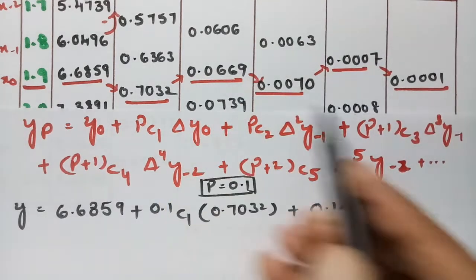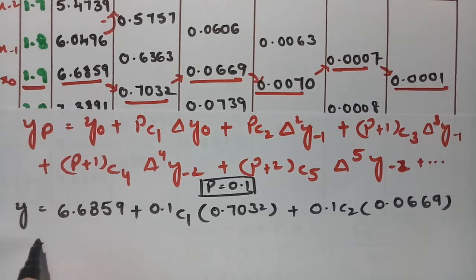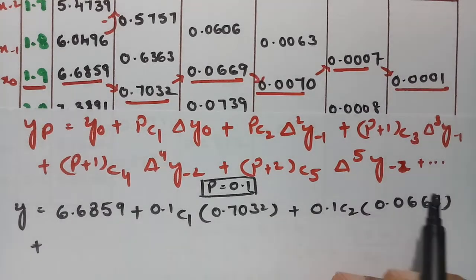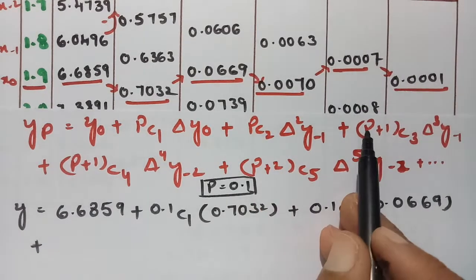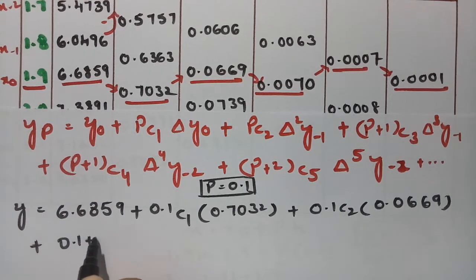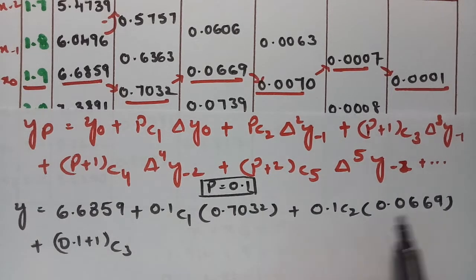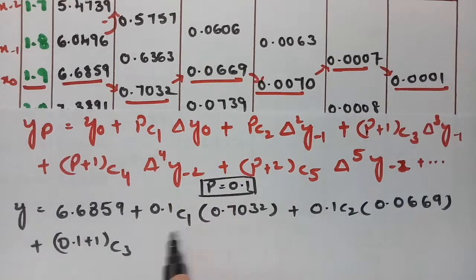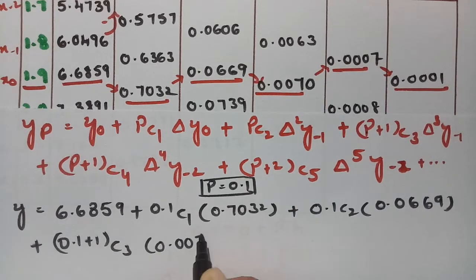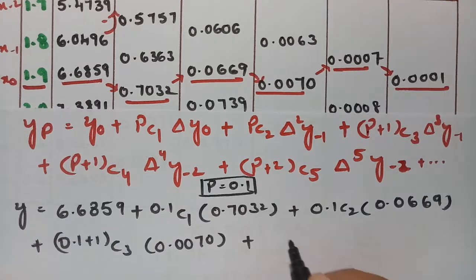The next value here is 0.0669, and after pC2 this is p plus 1. What is p here? That is 0.1 plus 1, C3, into delta cube. After using this value, I go with 0.0070, plus the next one, p plus 1. So what is p?